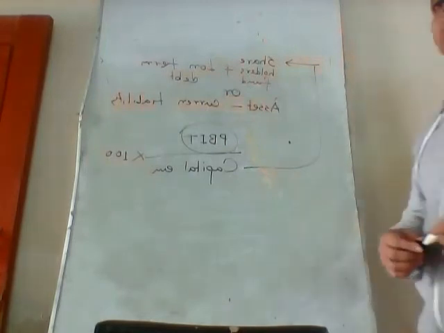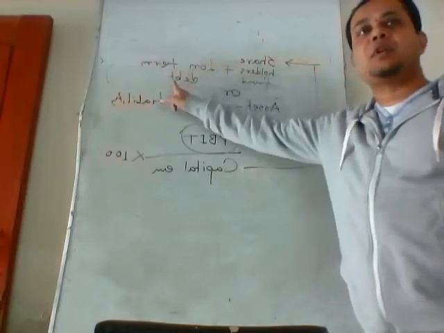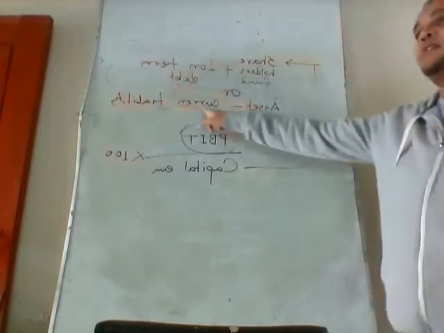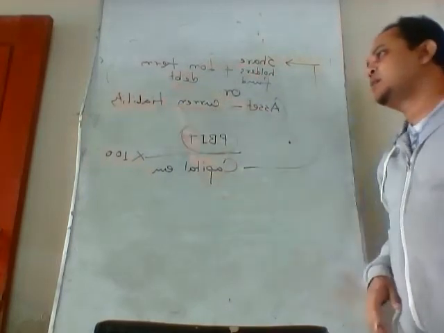So whatever the component you are provided, you should use that. Then either you can use shareholders fund plus long-term debt, or you can also use asset minus current liability. Okay?